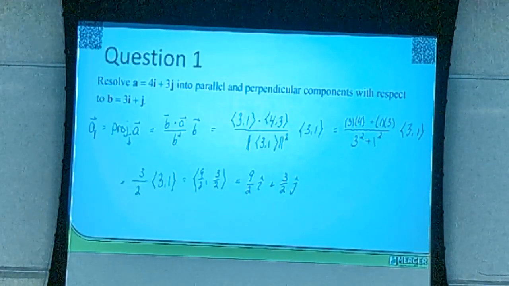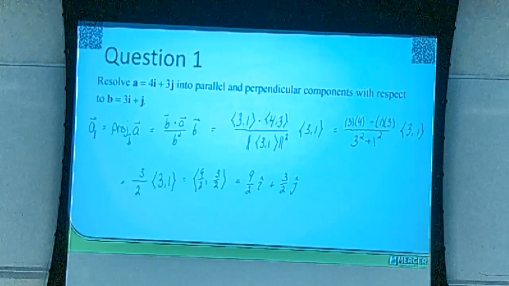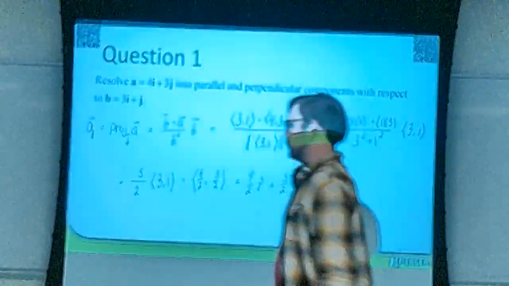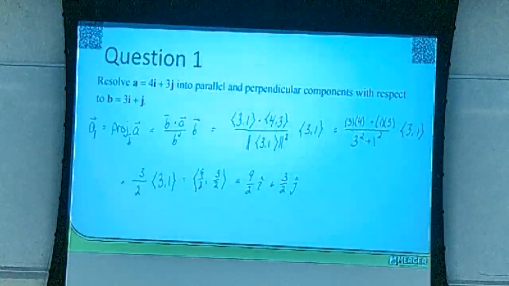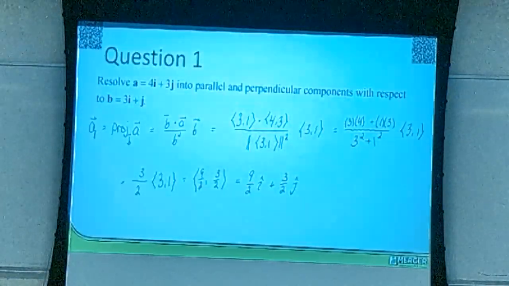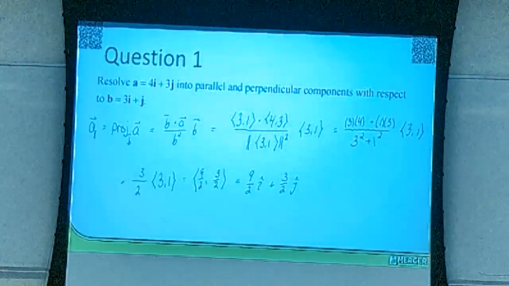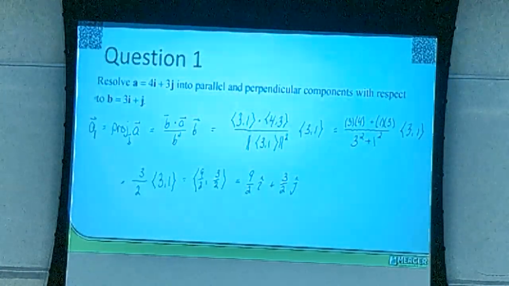Perpendicular component. There are actually two ways to do it. I don't recall the formula off the top of my head because it's generally easier just to do this. A has to be the sum of the two components.